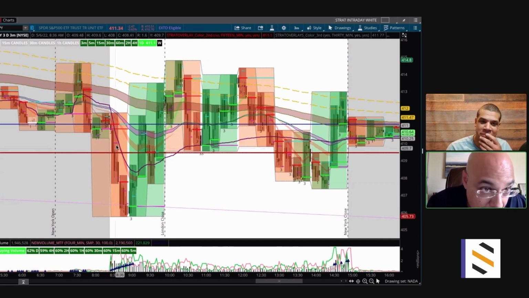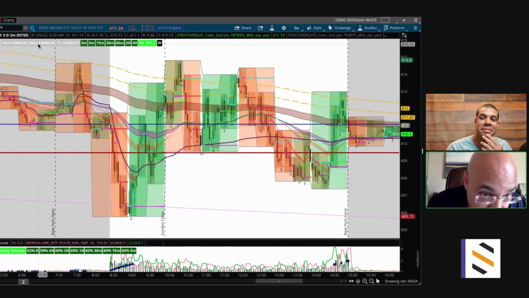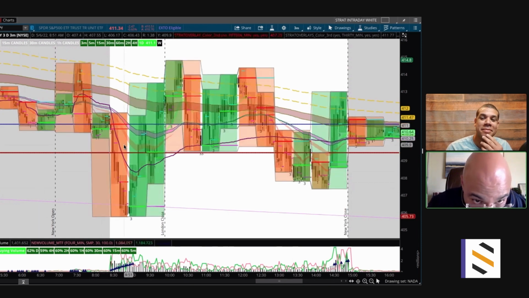And each one of those 15-minute overlays exists within a higher time frame, which is the 30-minute candles that I'm highlighting now. And as you can see, each one of those 30-minute candles contains 2 15-minute intervals or 10 3-minute intervals.